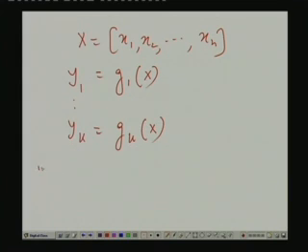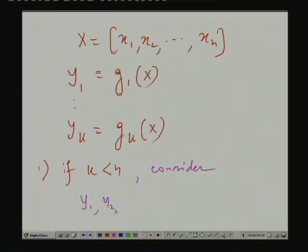First, if k is less than n, then we consider y 1, y 2 up to y k, and then to make the total number of such variables equal to n, I simply add x k plus 1, x k plus 2 up to x n.